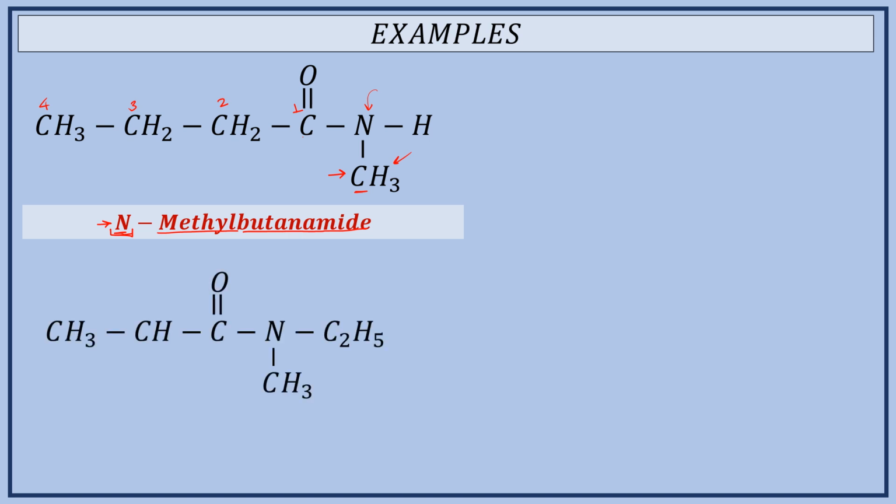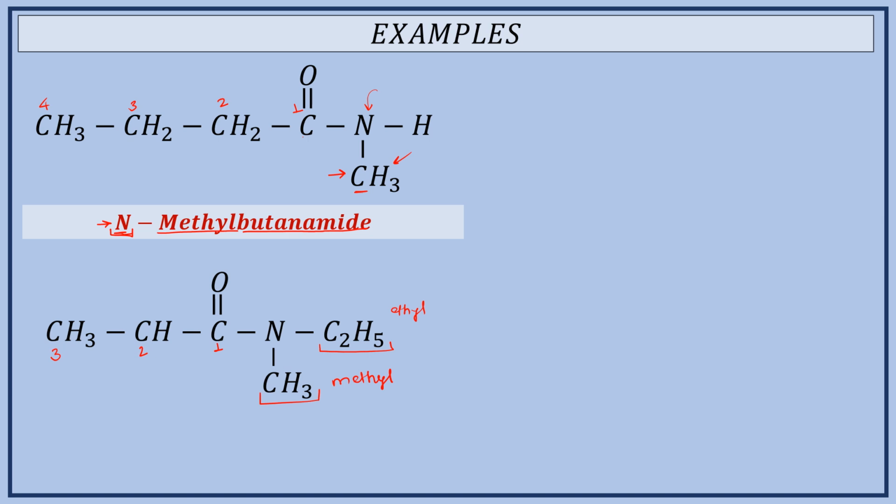Now let us replace the other hydrogen atom with another alkyl group, ethyl. So we have an ethyl attached to the nitrogen atom. We have a methyl attached to the nitrogen atom. We will count the parent chain as 1, 2 and 3. So there are 3 carbon atoms.